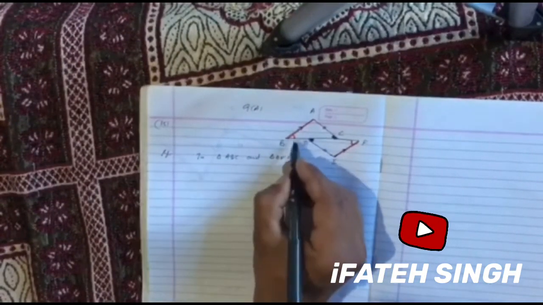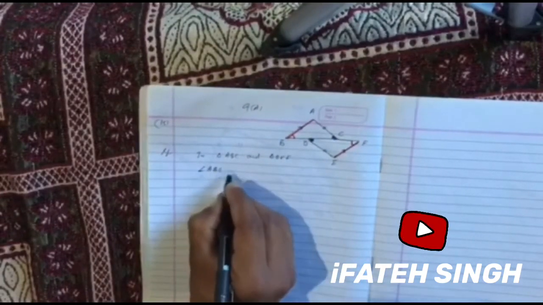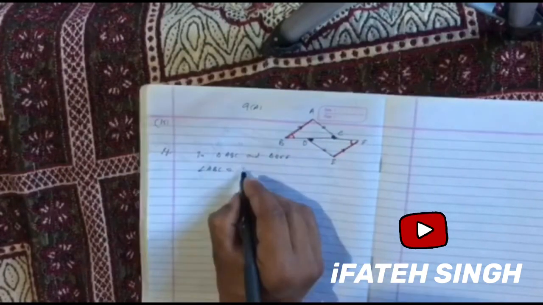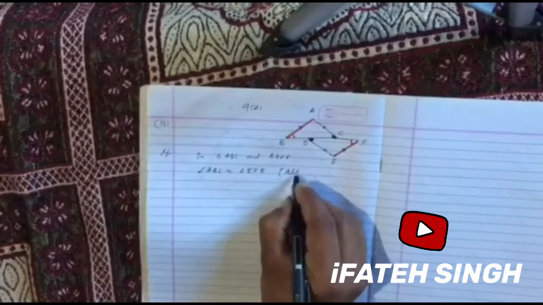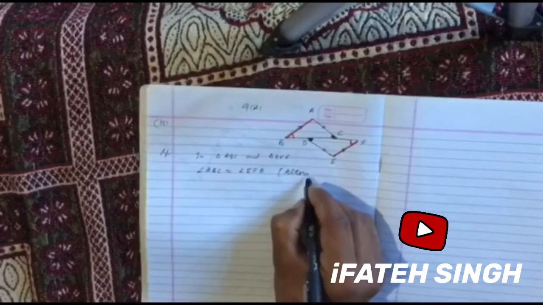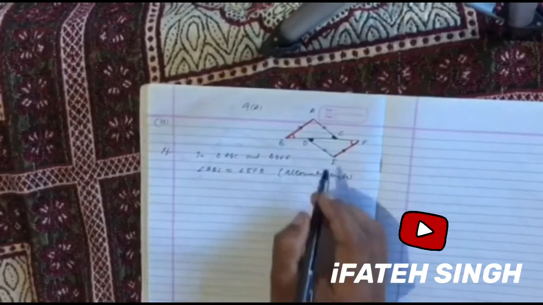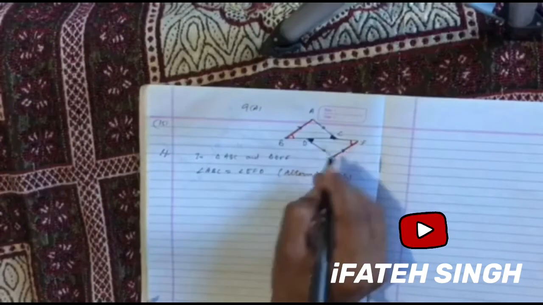First thing is that angle ABC is equal to angle EFD. Its reason is alternate angle. And second thing is this, these two angles are already given equal.